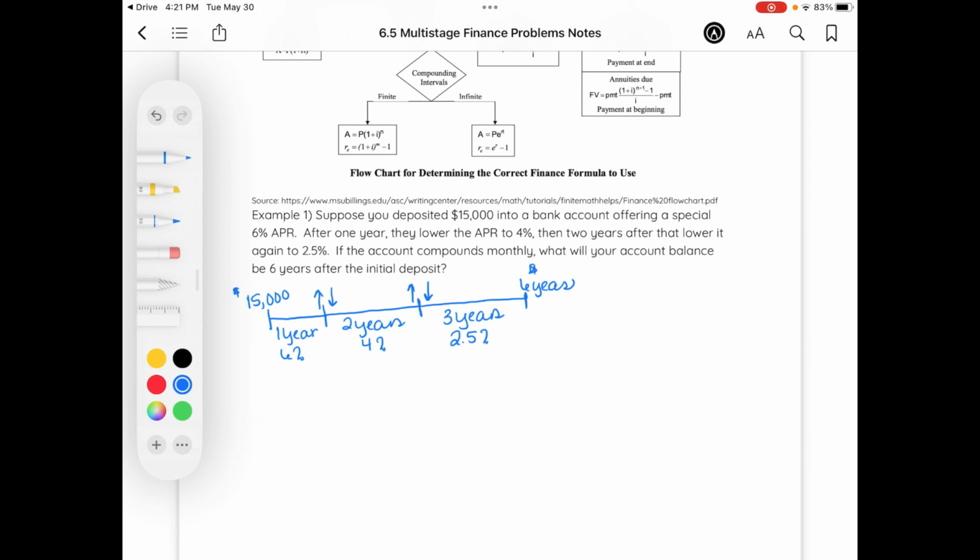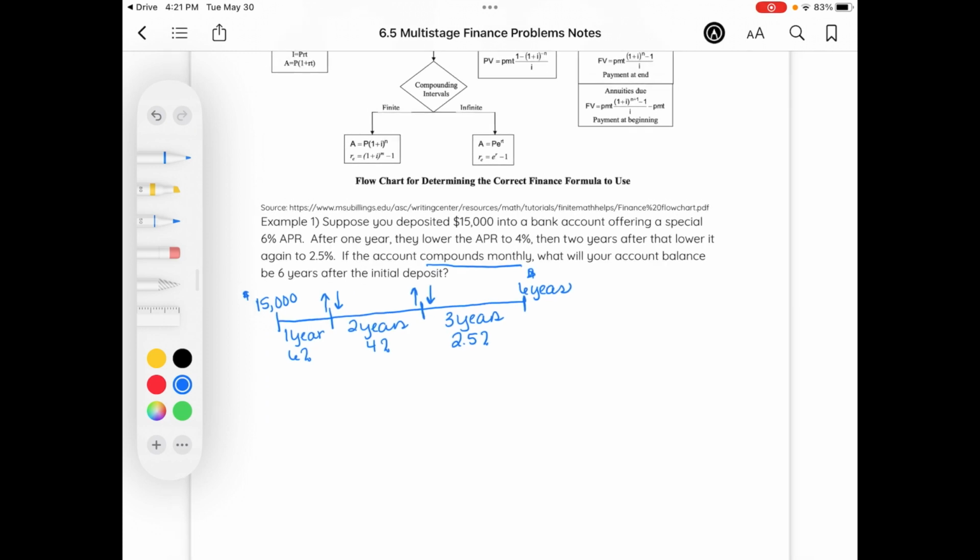It's telling us that we're compounding monthly. So this tells me that we're going to use the compound interest formula. So I'm going to start off with the first year. The amount in our account will be the amount we initially invested times 1 plus the interest rate divided by how often we're compounding, which is monthly, to the power of 12 monthly payments for 1 year.